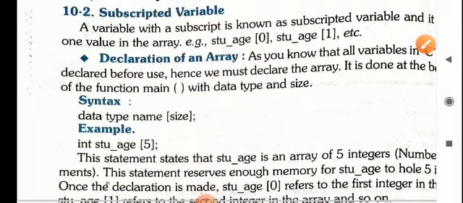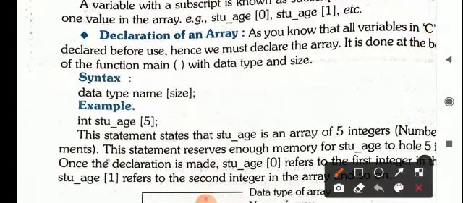So let's see here, declaration of array. Now how to declare an array? Suppose I ask you to enter 10 numbers from the user or 10 names from the user. The declaration process will be entirely the same as you were doing for a simple variable.